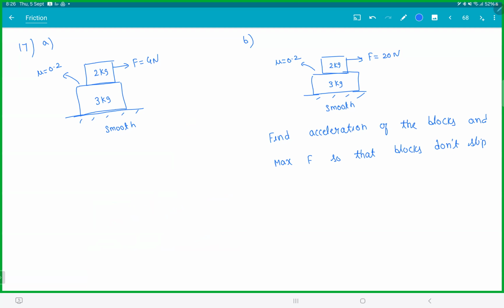So let's get the first one. This is a good one, right? Two-block problems are started. This is a very good model. Today we will do some basic ones. Next class we'll do good ones of two blocks. Next class we'll wrap up friction. Let's try the first one. Give it a try.